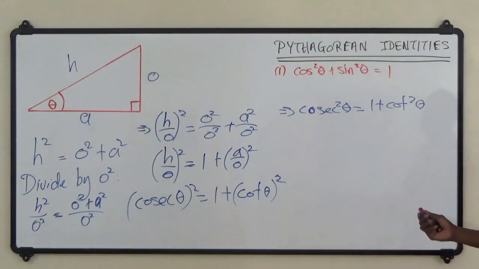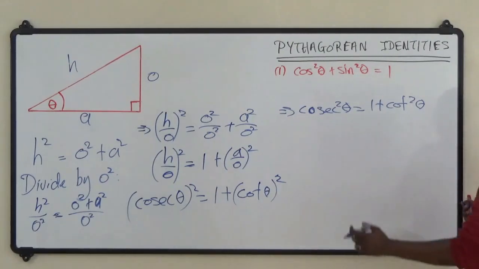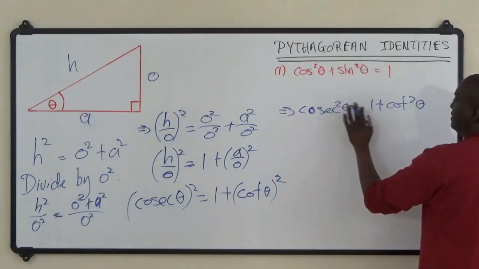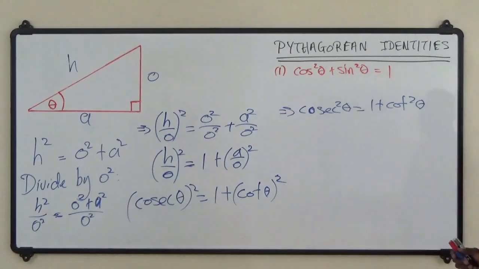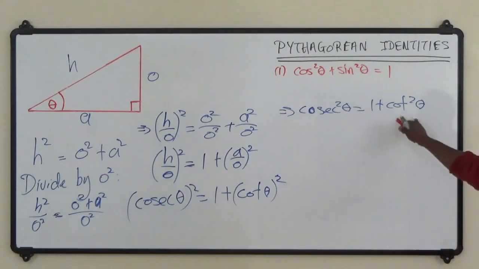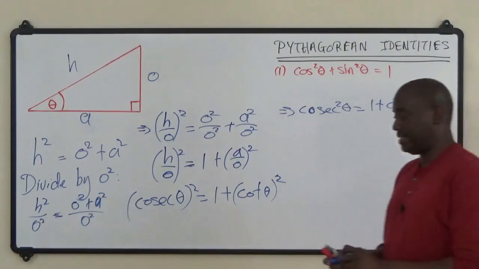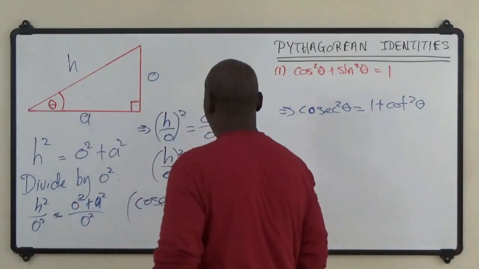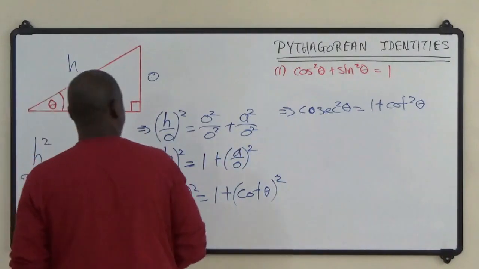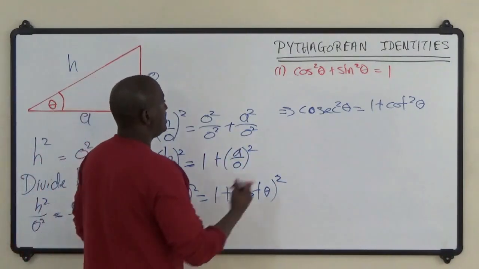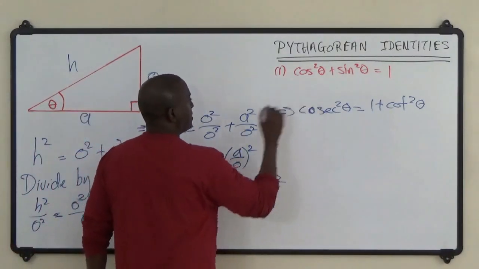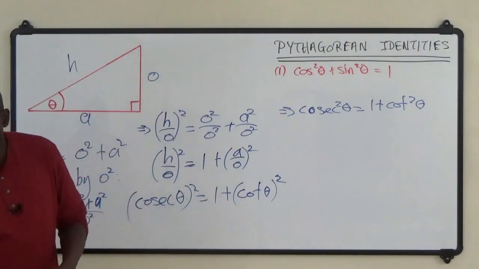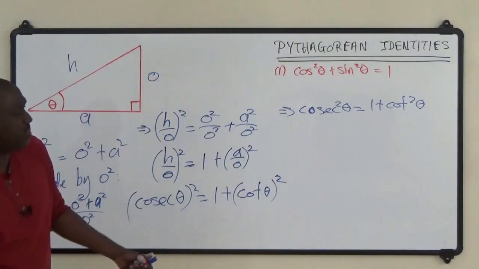This one we normally write as identity 3, but the order in which you write it doesn't really matter. All right? So 1 plus cot squared is equal to cosec squared. That is another identity. So let me write that in the corner here too. All right? So I'm putting that as 3 because I want to slip the other one in as 2. Just a matter of personal preference.